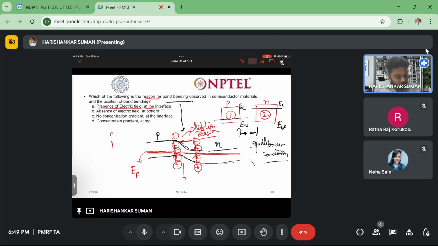At the depletion region, there is immobile charge concentration, which gives the electric field at this interface, and that's why band bending happens. Okay.